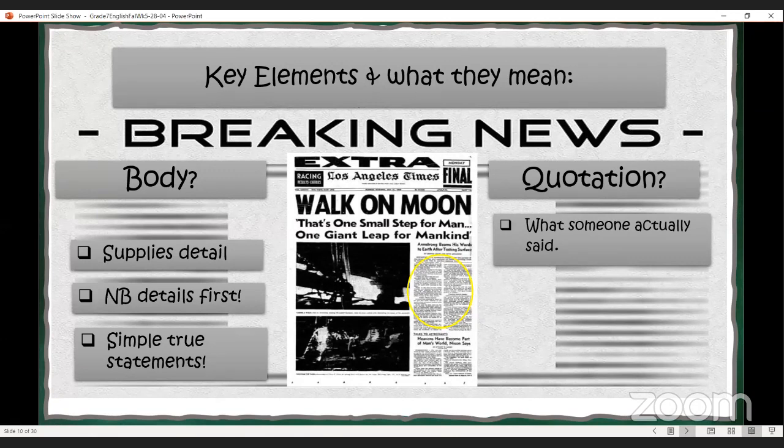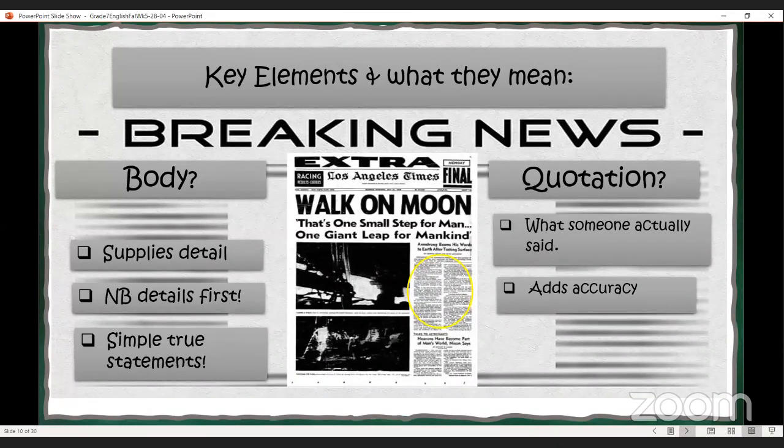What someone actually said. Okay, so it's what someone actually said. Now, there is a good reason for having a quotation. It adds accuracy. So it makes the article more believable.